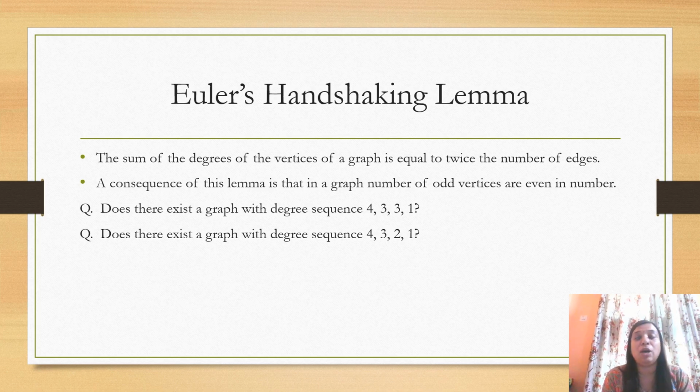We learned about what you define by a graph, vertices, edges, what you mean by adjacent vertices, degree of a vertex, degree sequence of a graph. Then we learned about complete graphs, bipartite graphs, complete bipartite graphs, and in the end we also saw what is Euler's handshaking lemma. This is just the beginning, and a wide field is open to explore.